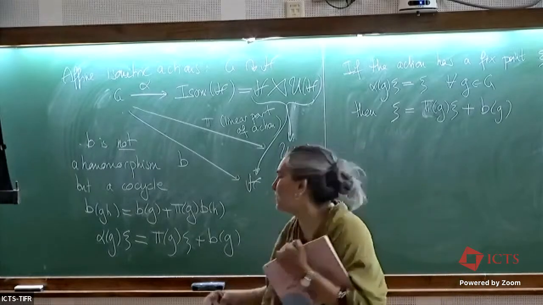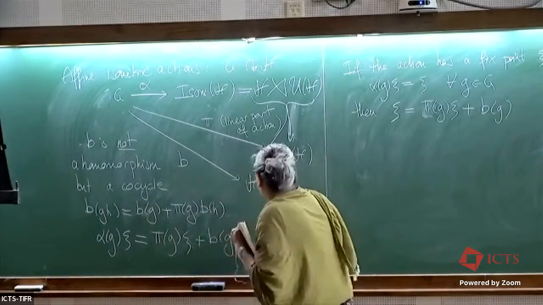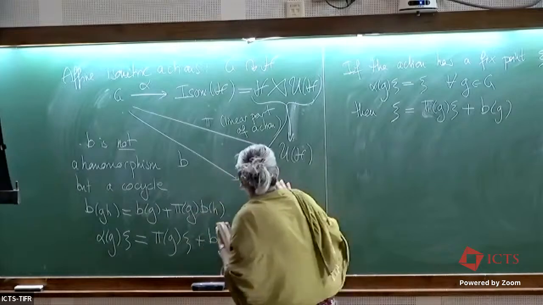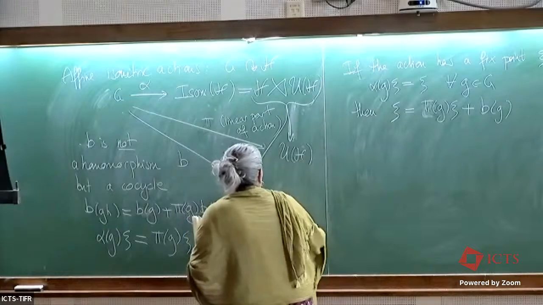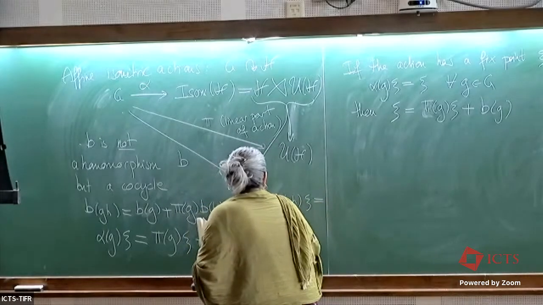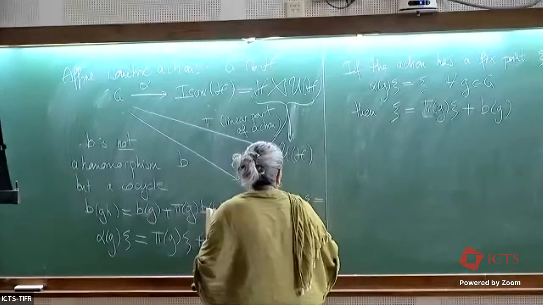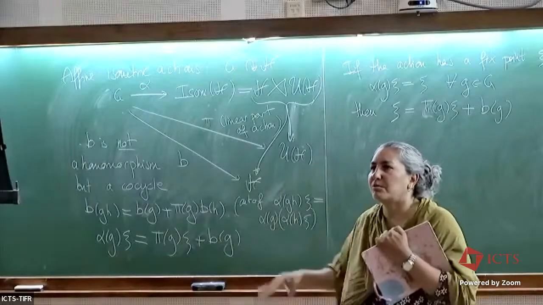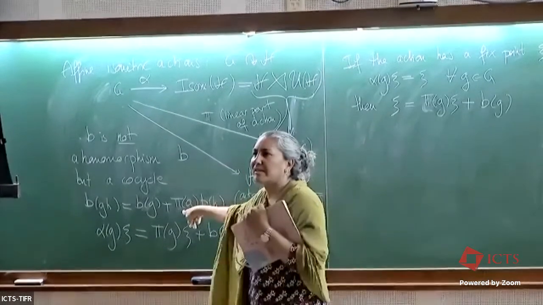Yeah, exactly. You get this because, since it's an action, you get this equation: alpha of GH applied to C equals alpha G of alpha H of C. When you write out everything, that's the equation you get.